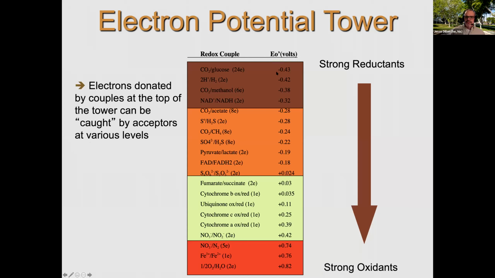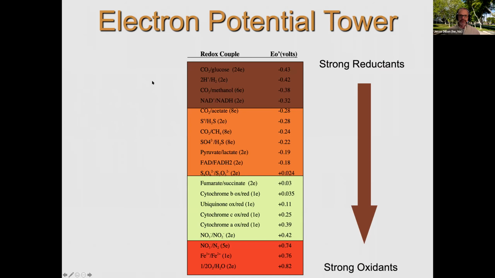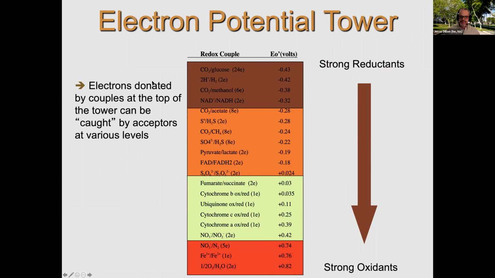Up here, things are electronegative, and we know that because there's lots of electrons here. You saw that with glucose: tons of hydrogens, so there's tons of electrons that go with that. Obviously, oxygen is the ultimate oxidizer, so it doesn't have electrons.